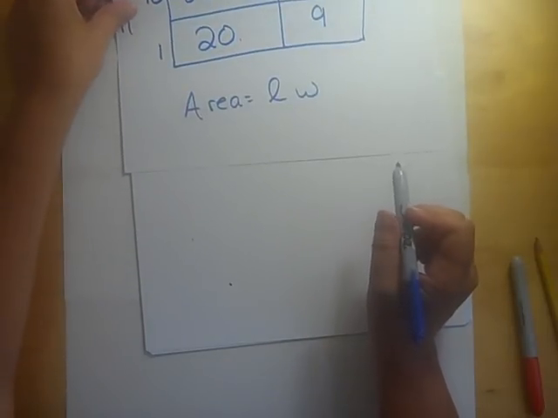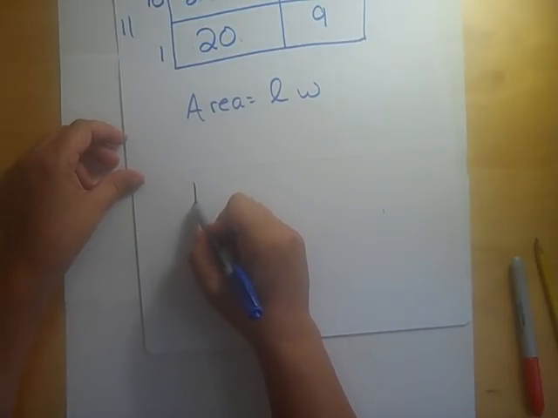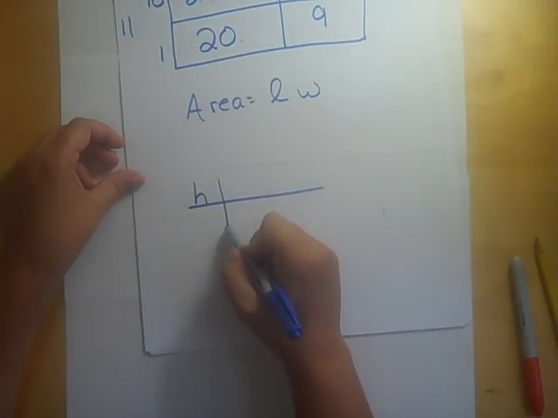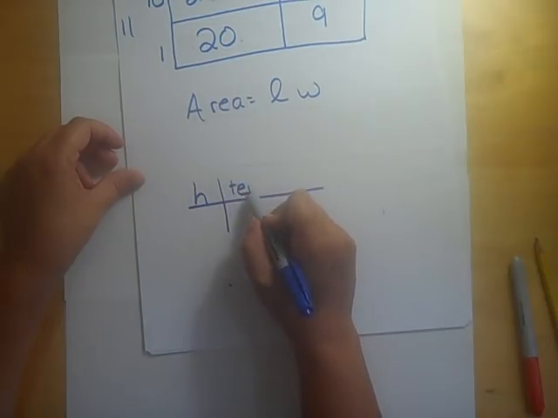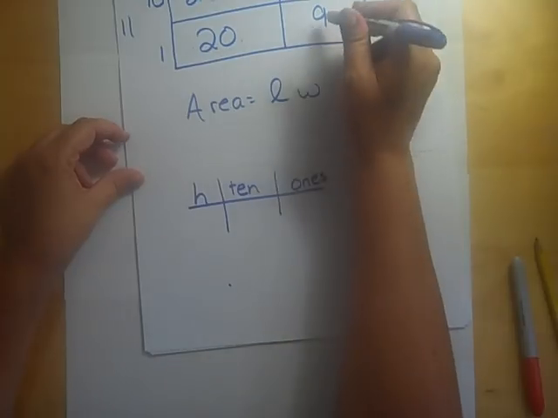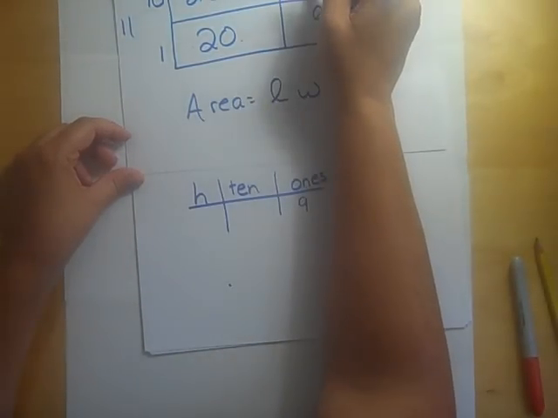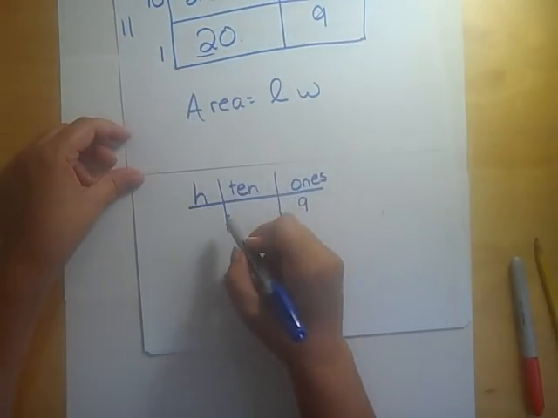So we have to do our other table. You can draw these really fast. Looks like we're going to need hundreds, tens, and ones. How many ones do I have? I have 9. How many tens do I have? I have 11.